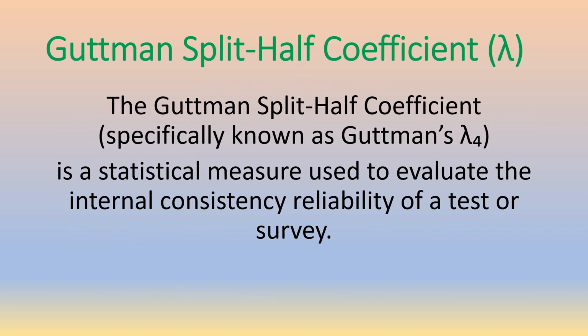Guttman Split-Half Coefficient. The Guttman Split-Half Coefficient, especially known as Guttman's Lambda 4, is a statistical measure used to evaluate the internal consistency reliability of a test or survey.